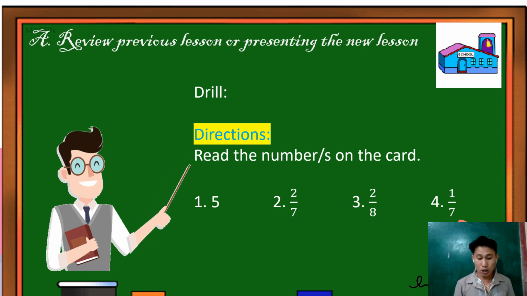A drill is a useful technique to introduce new lesson, familiarize learners with new concept, using concrete examples such as flashcards and quizzes. In the real-life situation, this will be done through flashcards.